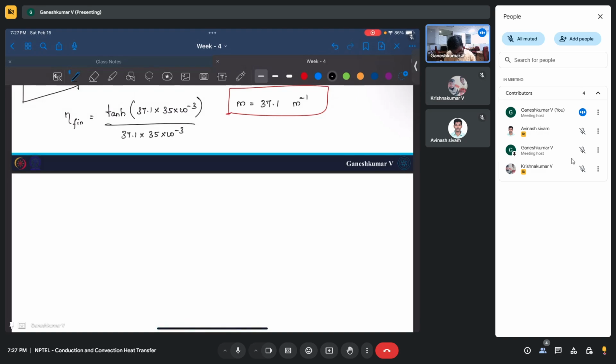So if you perform this calculation, you may need to use a scientific calculator for this, because hyperbolic functions are available only in scientific calculators. If I perform this calculation, if you have, please let me know what is the answer for this.